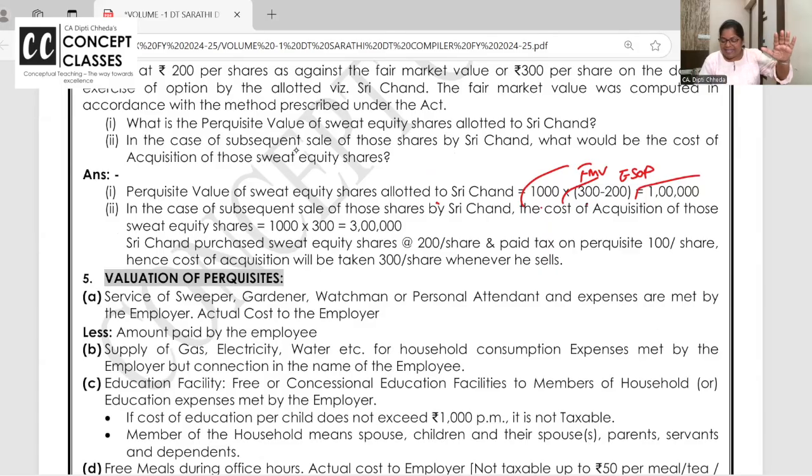Sorry, it's taxable. ESOP, employer is giving in kind or cash. Employer gives the employee 1,000 shares at 100 per share benefit. Very well taxable as perquisite. Now the question is, when the employee sells the shares, though he has paid 200, on 100 he has paid tax. So 300 will be allowed.